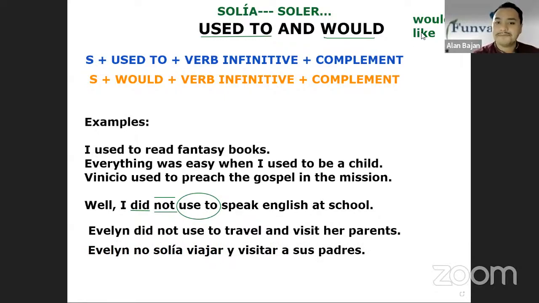Does it make sense? Because I have the auxiliary, I don't need to use it with ed, as I do in affirmative sentence. You see?